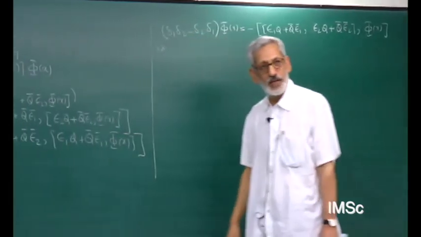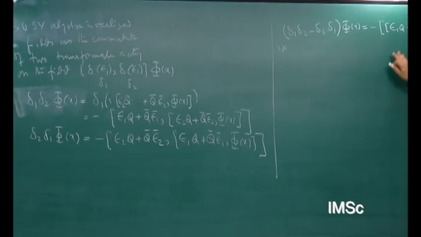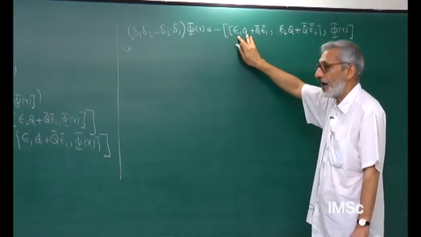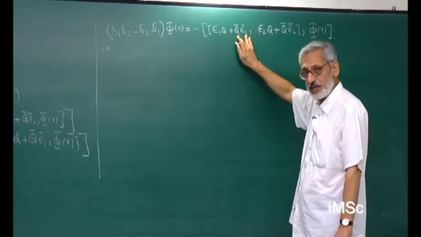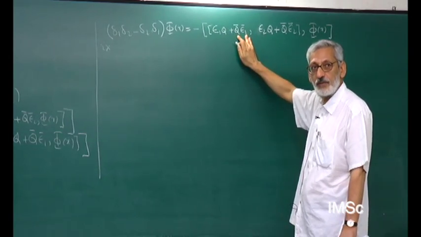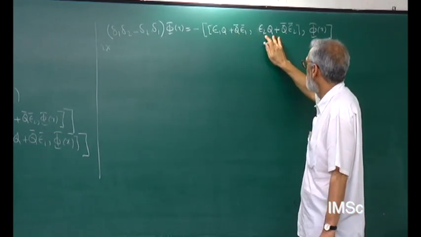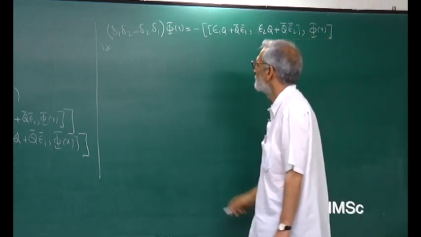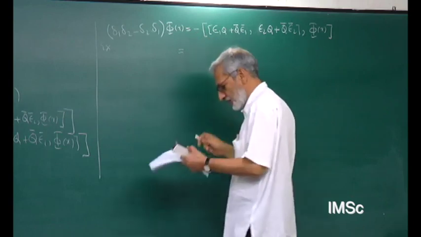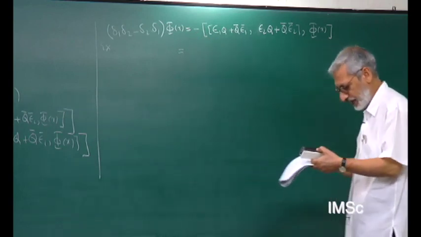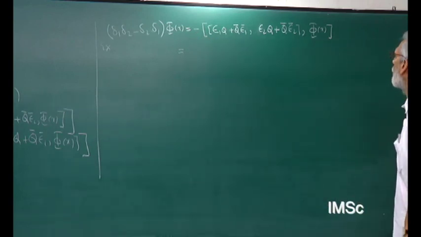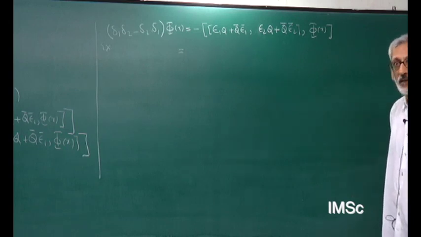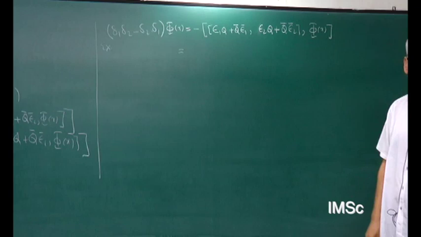Some terms will cancel out and you will be left with this. Commutator of epsilon Q plus Q bar epsilon bar with this one and commutator. I think there's a minus sign there. Yes. Can you do that?